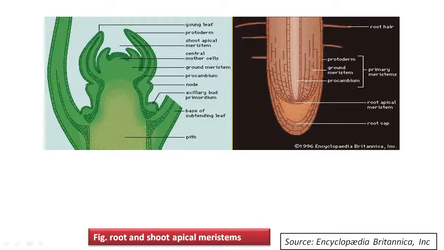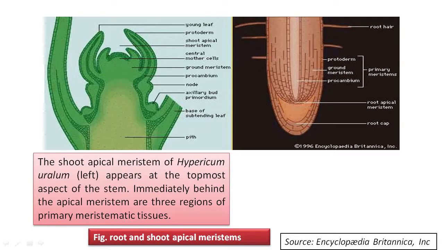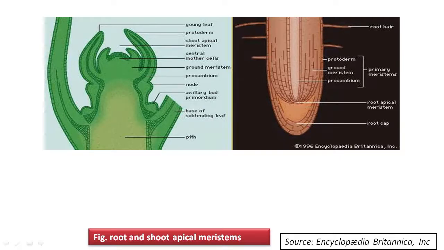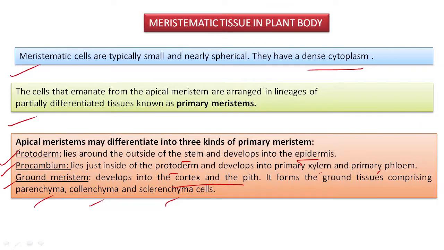So, here is an example of Hypericum uralum. We have shown the example of shoot apical meristem, and this has been taken from Encyclopedia Britannica. The source provides information about apical meristems.